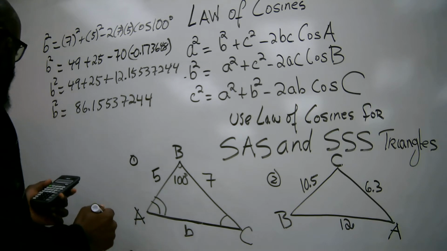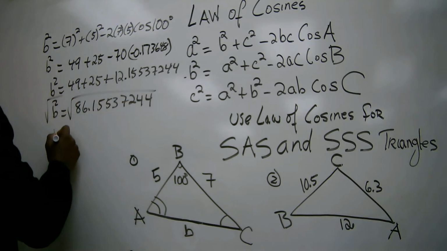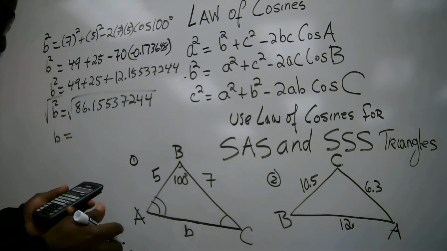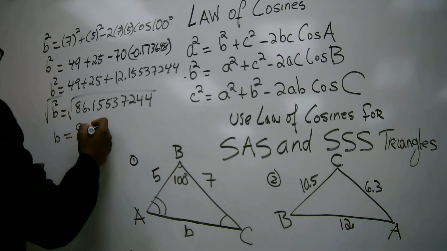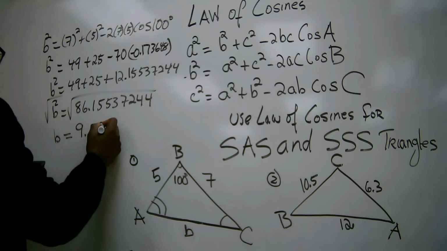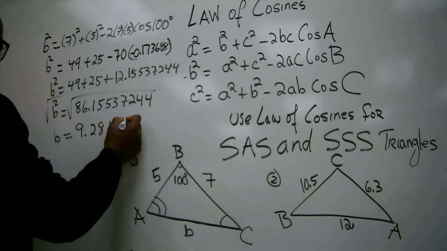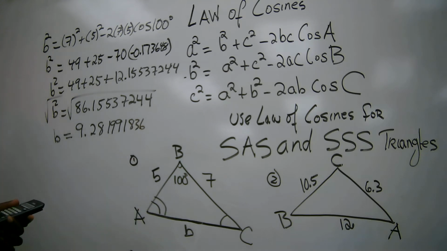Then I'm going to take the square root of each side, and that will tell me what B is. When I take the square root of that, I find B to be 9.281991836. This is the actual number that I find for B.